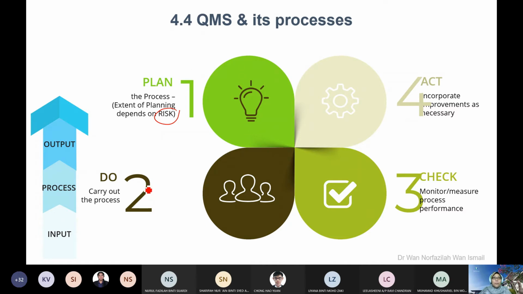Once you have a proper planning, what does it mean by proper planning? Let's say you have 6 instruments for water analysis. This is only an example. You have 6 instruments in the lab.